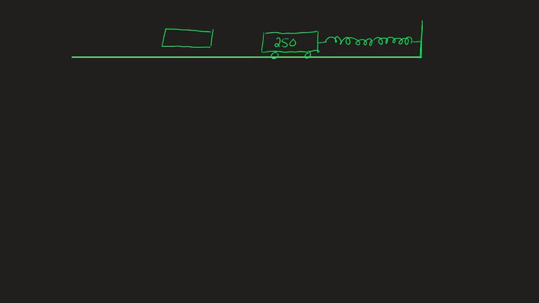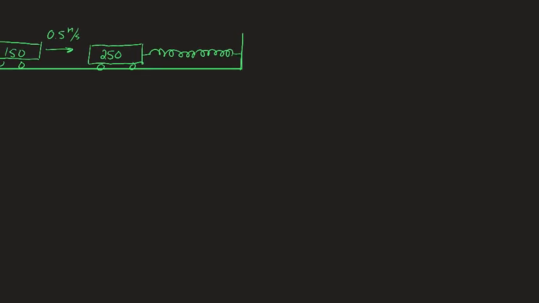This cart is moving. It's 150 grams. And it's traveling at 0.5 meters per second. There's going to be a collision, and the two carts are going to join together. In so doing, the momentum of the system will be the same before and after the collision.